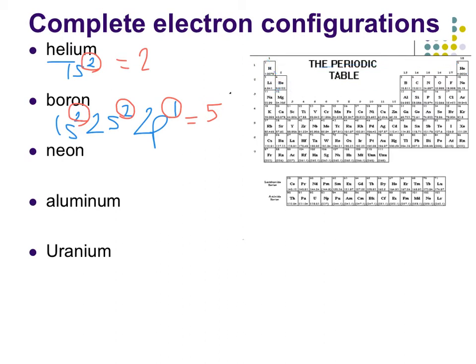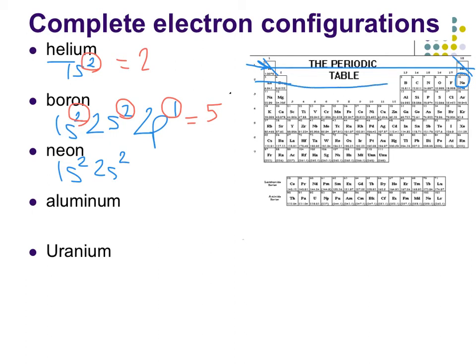Now let's try neon. Neon is all the way at the end of the second row. So again, starting from the beginning, you're going to go through your 1s orbital, both boxes. So use the exponent of 2. You're going to go through your 2s orbital, both boxes. So again, we'll have an exponent of 2.